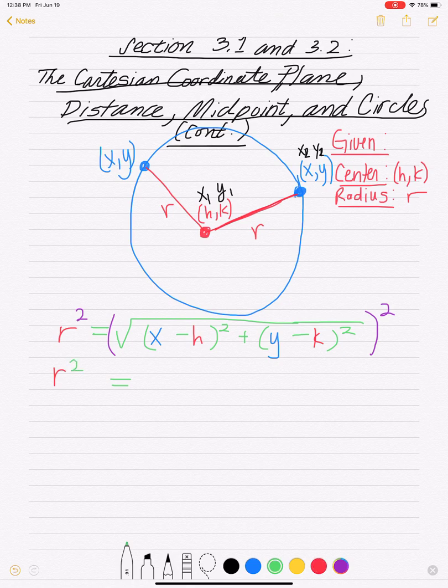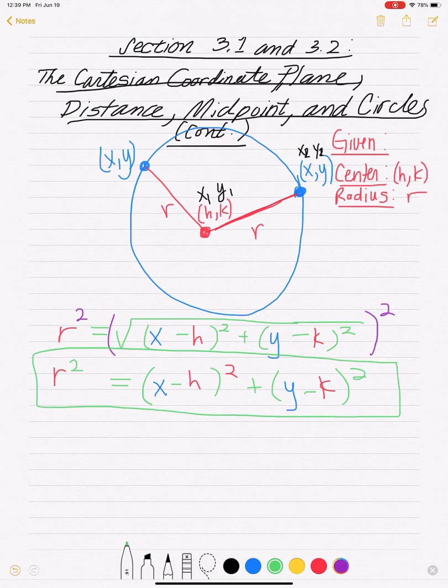And on the right-hand side, the purple square kills off the green square root, and we're just going to have x minus h squared plus y minus k squared. Right here is the formula for the equation of a circle.